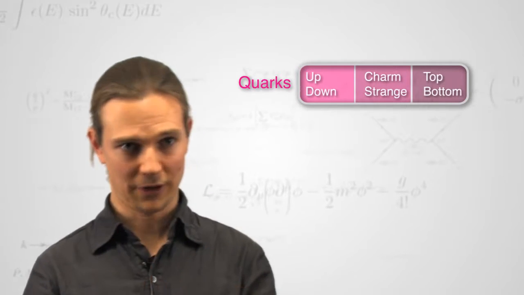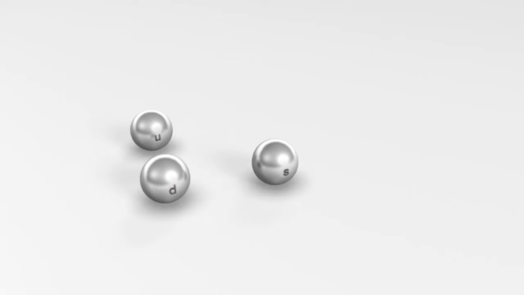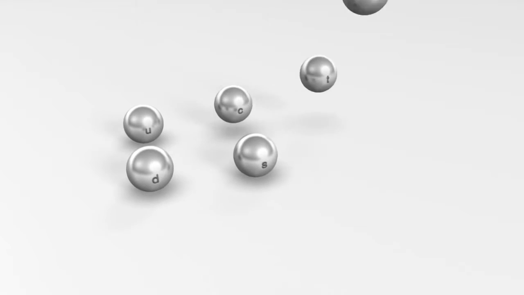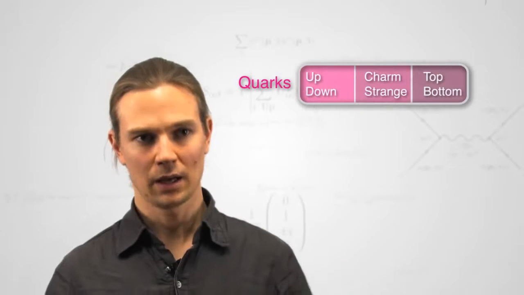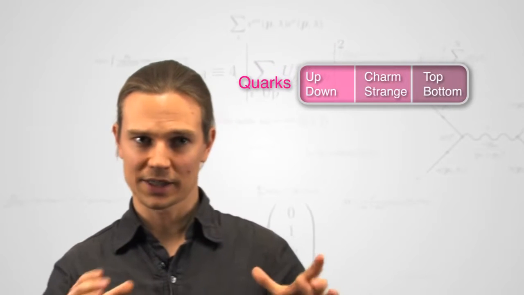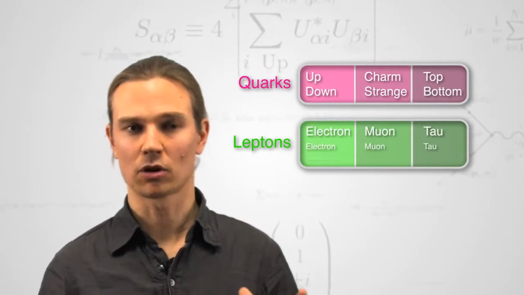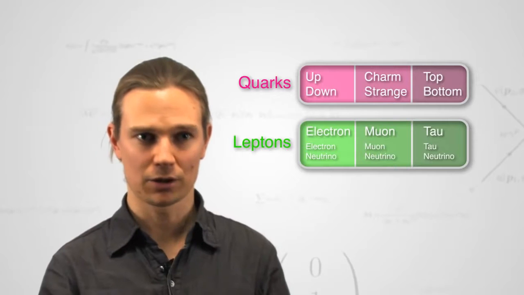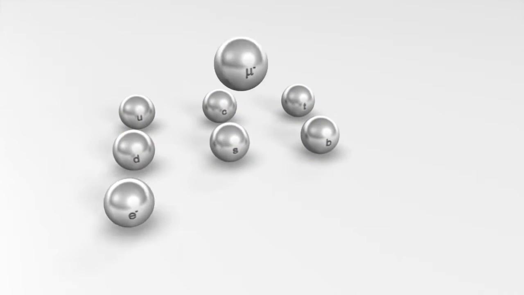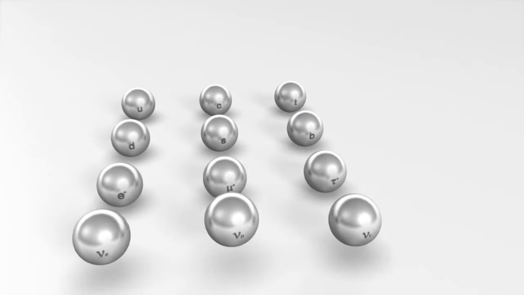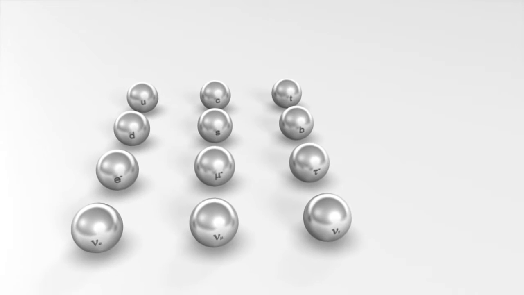Then a 4th, 5th and 6th quark was predicted and then discovered, and this gave us great confidence in the model. In addition to these quarks, there's another set of fundamental building blocks of matter, the so-called leptons. They are composed of an electron, their heavier cousins, the muon and the tau, and their neutrino partners.